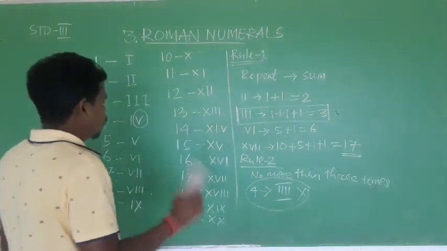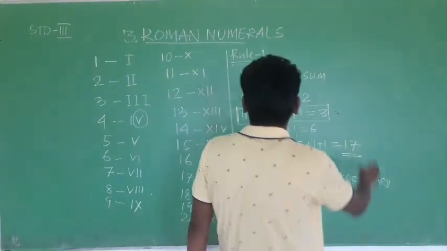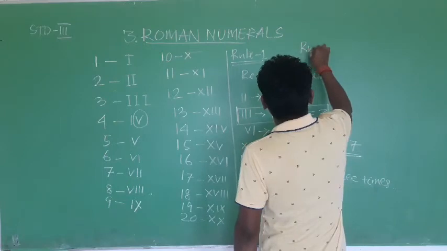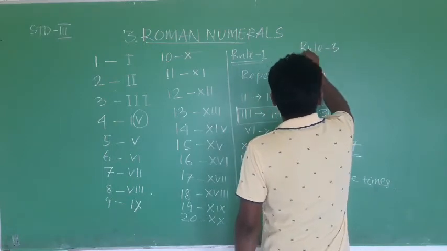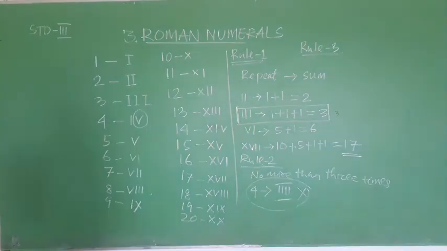Now rule number 3. What does rule number 3 say? Rule number 3 says that when a Roman numeral is placed after another of greater value, the value of the resulting numeral is equal to the sum of the numerals.